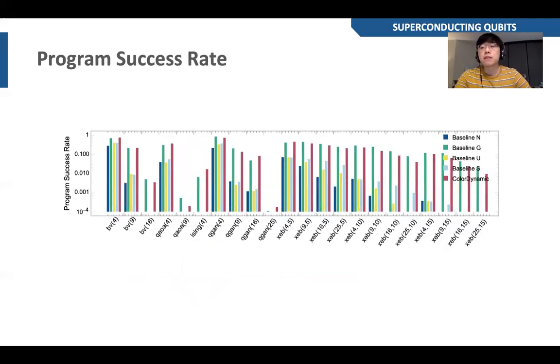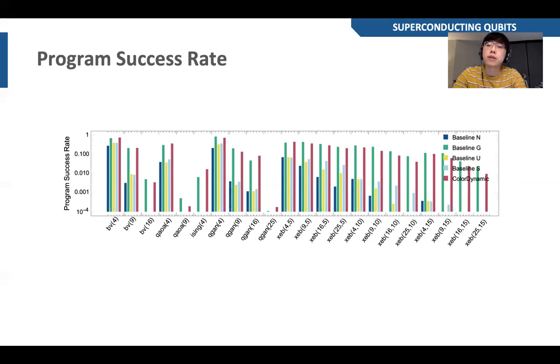In terms of performance, this figure shows that our software method, denoted as red bars, achieves more than an order of magnitude better program success rate than the serialization approach, denoted as yellow bars, or baseline U. And comparing with baseline G, which is based on the Google Sycamore architecture, we found that our method achieves comparable crosstalk mitigation performance, but with simpler hardware, that is, no tunable couplers.